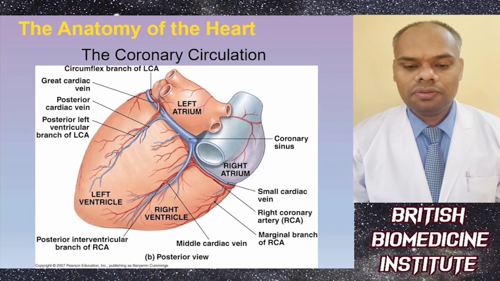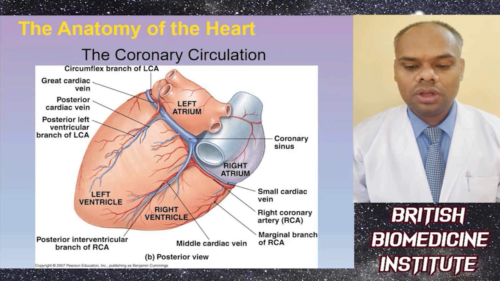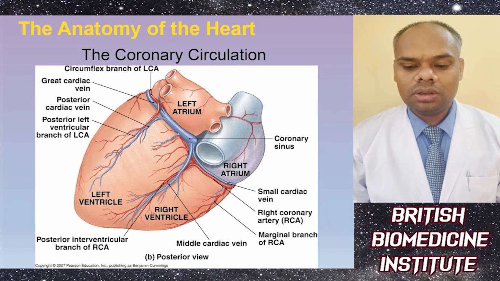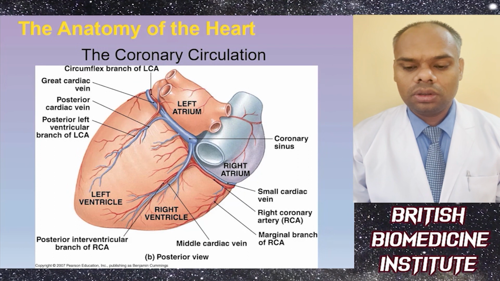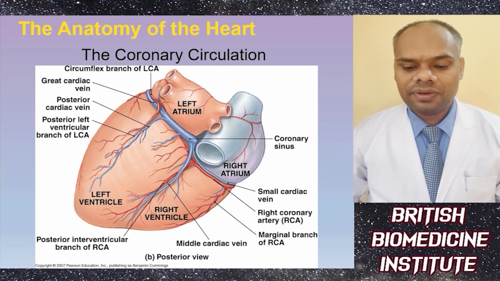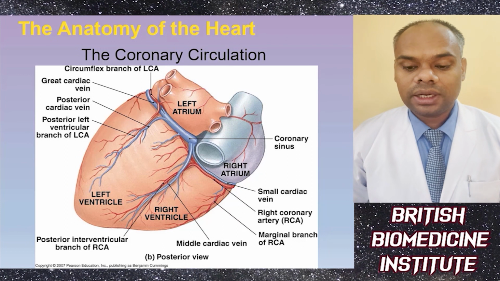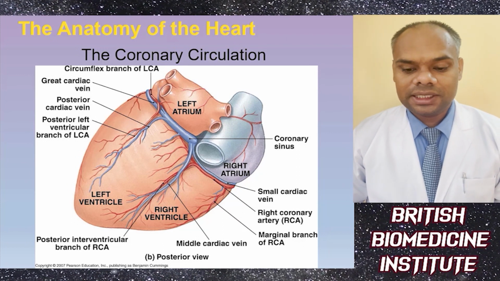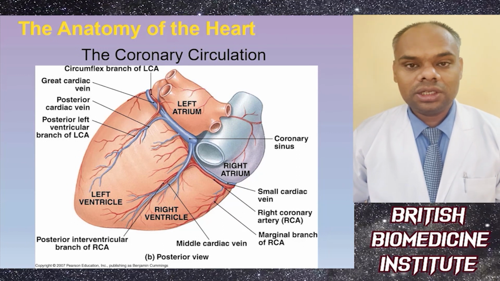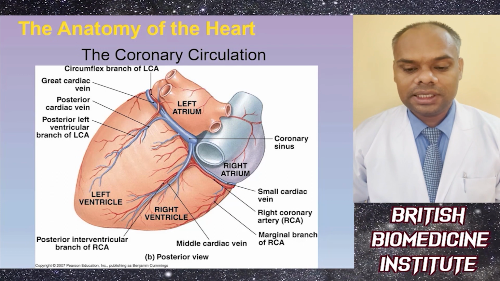So this is the posterior view of your coronary circulation, where in the right atrium, small cardiac veins and the right coronary artery, RCA, are visible, and marginal branches are seen from the RCA.